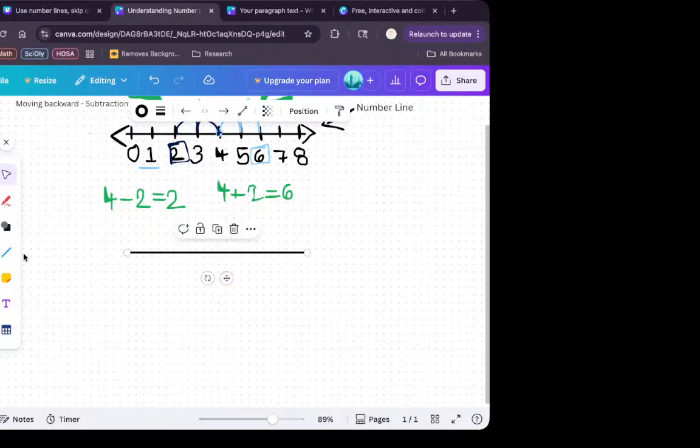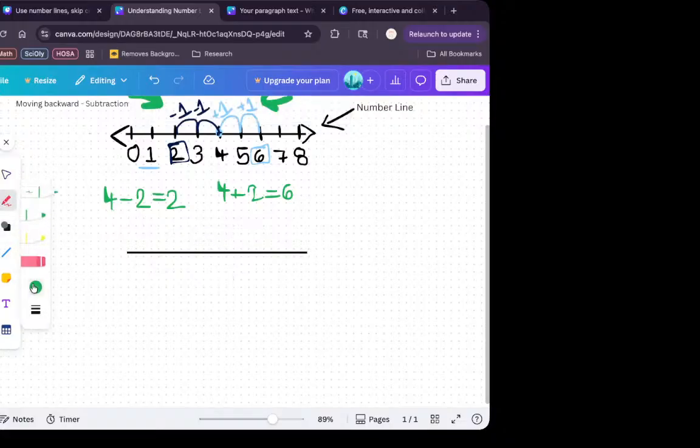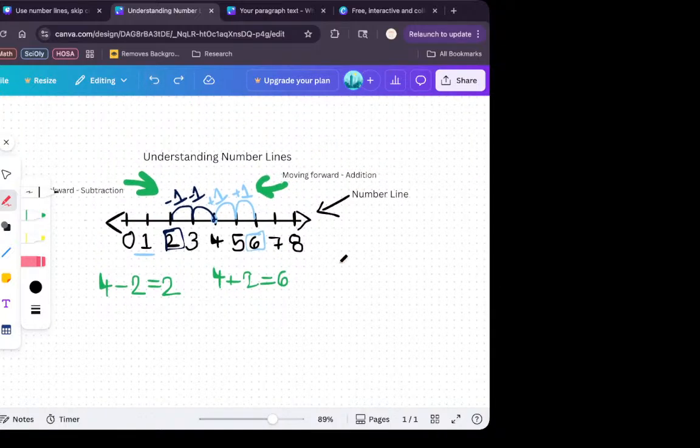Let's say I wanted to know what 0 plus 8 was. Let's say I didn't know what 0 plus 8 was, okay? And I only had a number line.